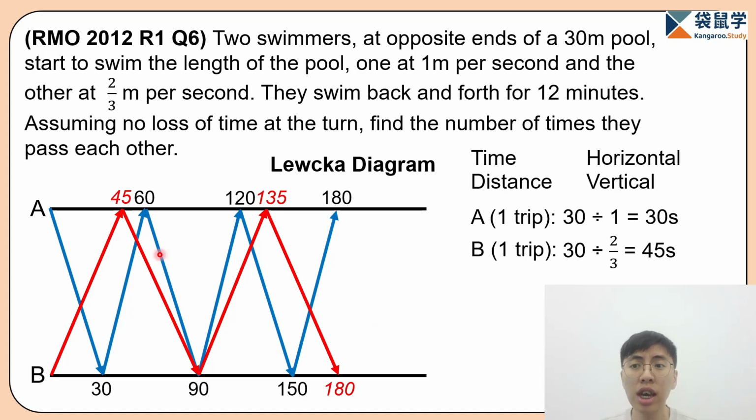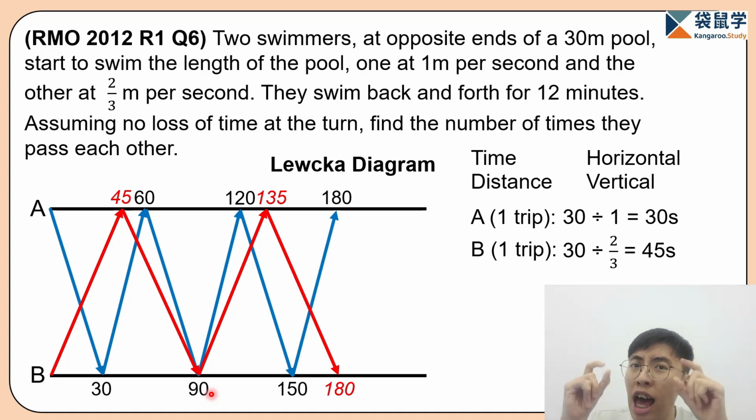Actually, we see A started off from this side. How long does it take to return back to his side? It is every 60 seconds. For B starts at the bottom, and for him to reach back to his own side, it takes 90 seconds. So essentially, when do both of them return back to their original side?